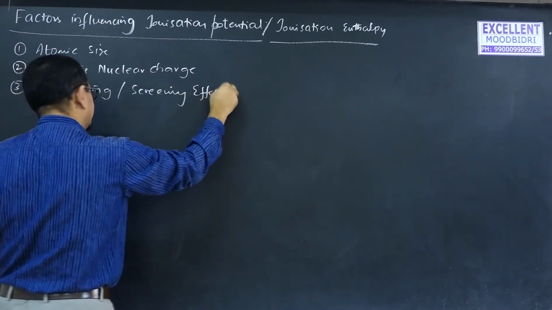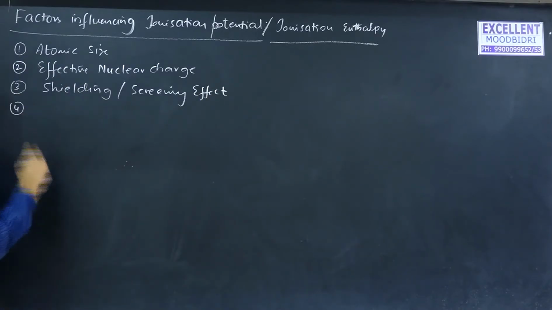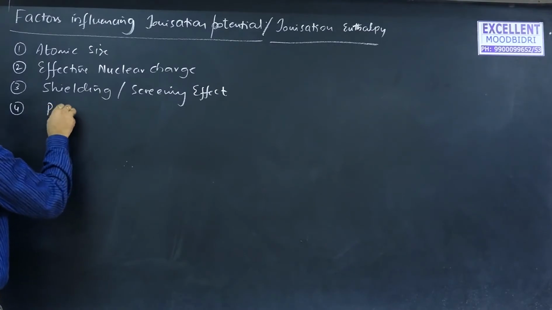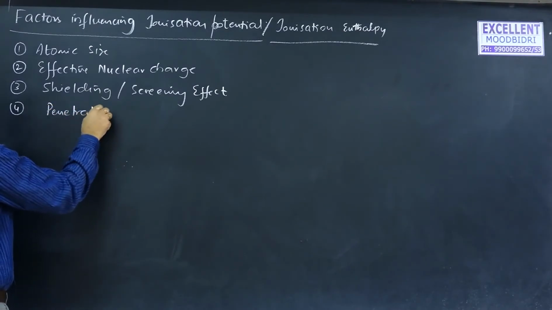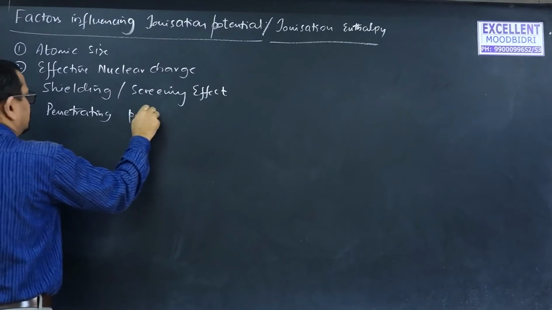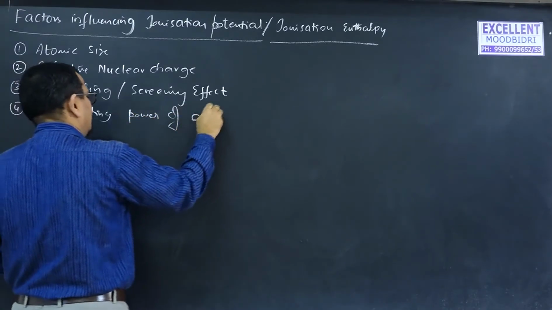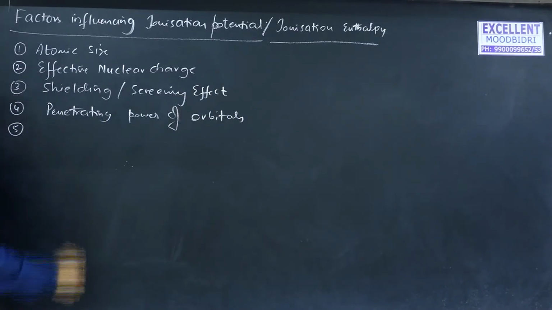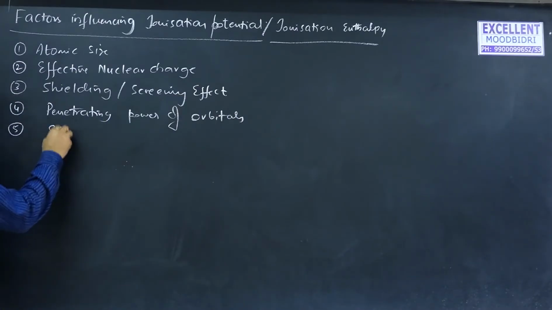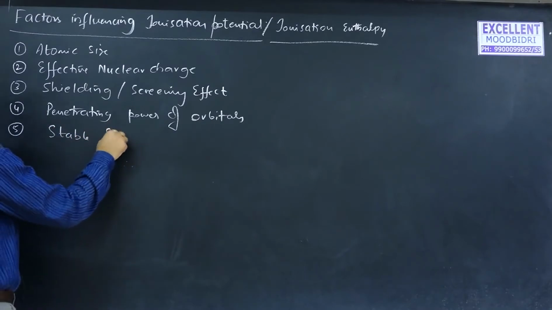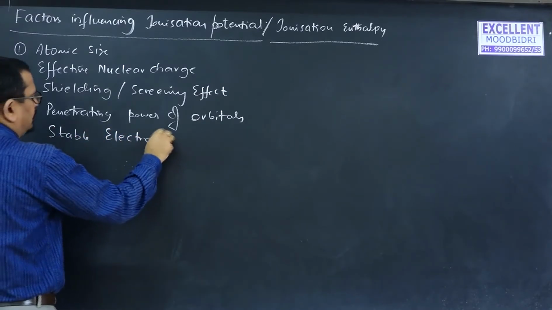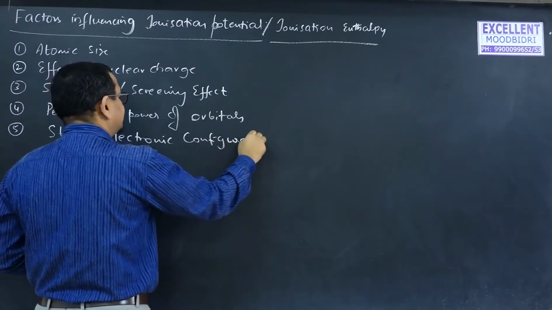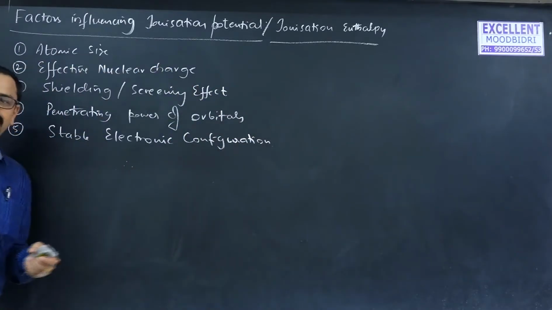And fourth factor is penetrating power of orbitals or corresponding electrons. And fifth one is stable electronic configuration. So these are the factors that influence ionization potential.